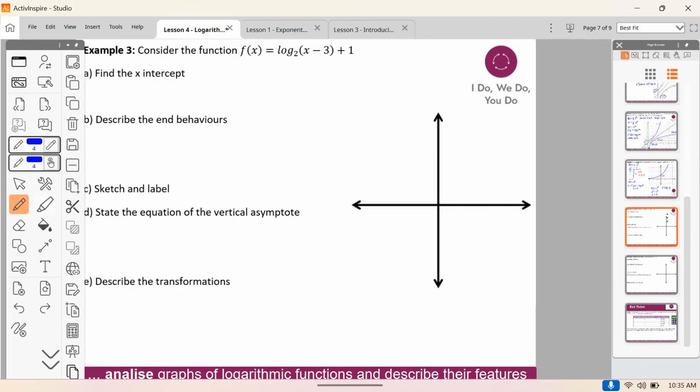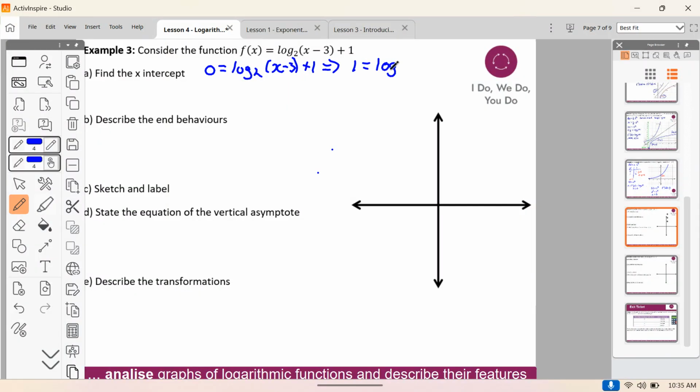Okay, I'll do this first one and then I've got one for you to do next. So we need to find the x-intercept. So we set the equation equal to 0, log base 2 of x minus 3, plus 1. Let's move the 1 across to the other side.